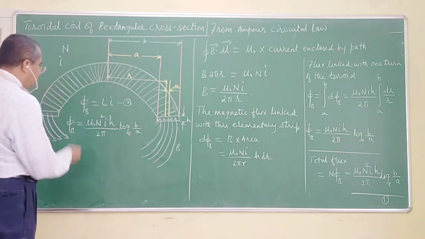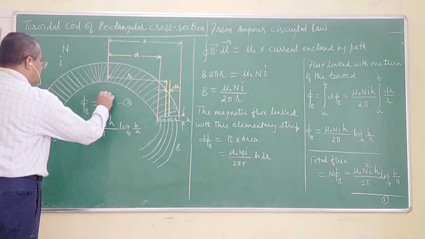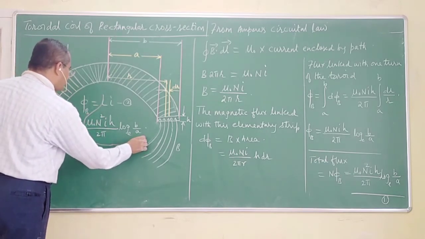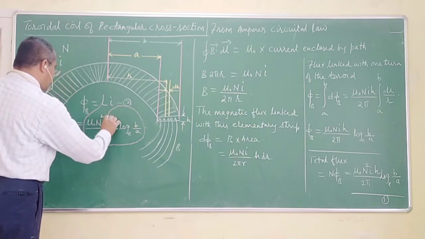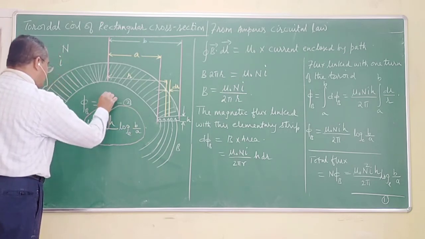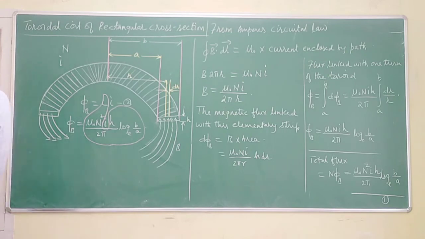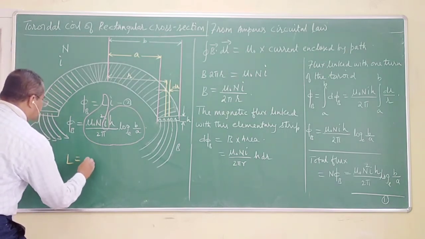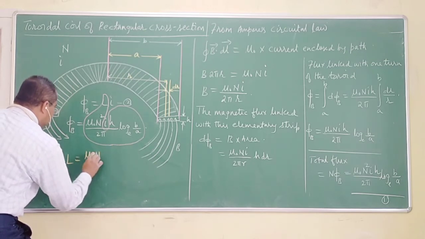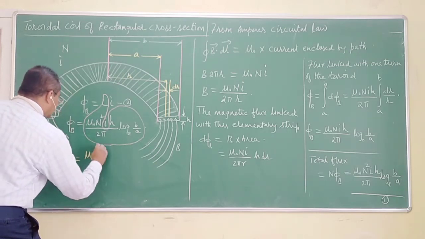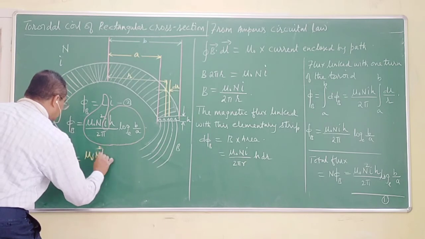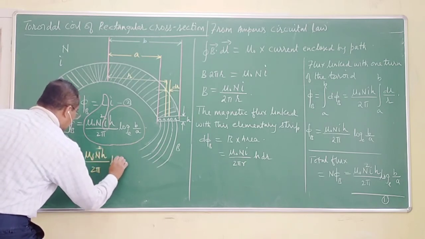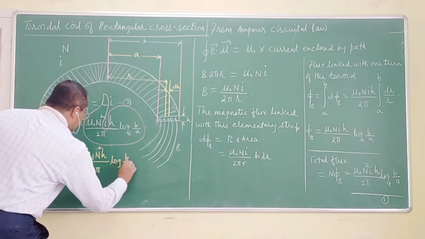Now you need to compare these equations. When you compare, you can see that I comes to L. Therefore, I will write L is equal to mu naught N square h upon 2 pi log to the base e b by a.